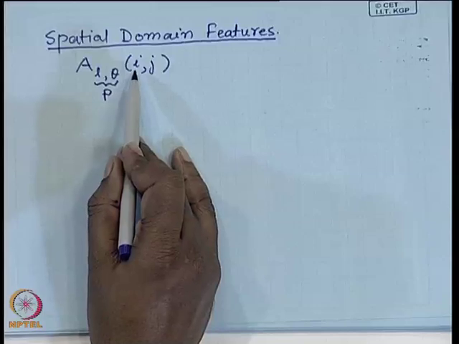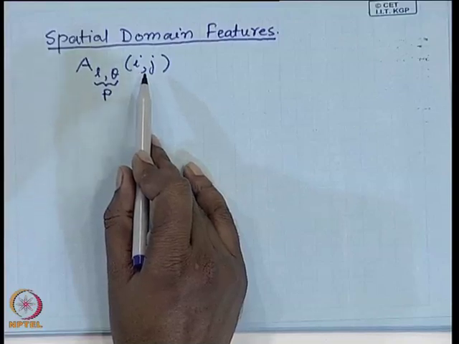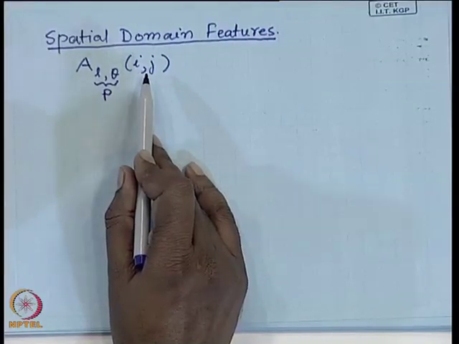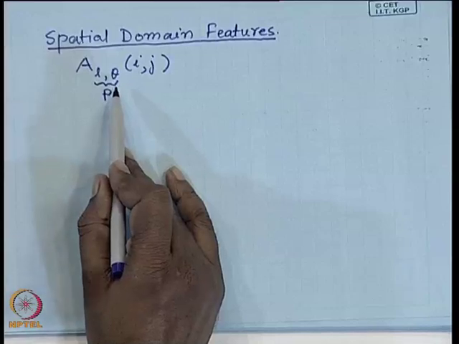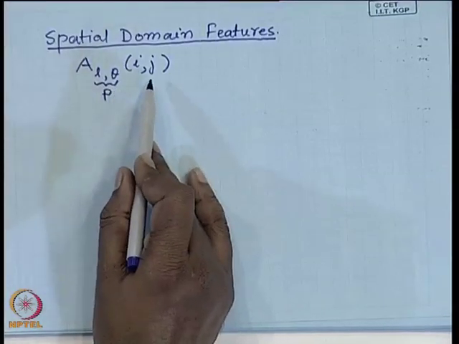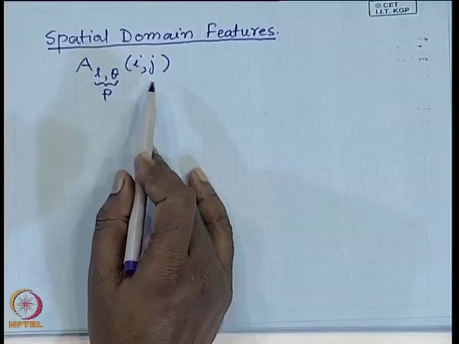That means I will have in the image an intensity value i, which is at a distance L in the direction theta from another pixel having an intensity value j. So I have to count how many times this i j pair, following this position parameter p, occurs within the image.